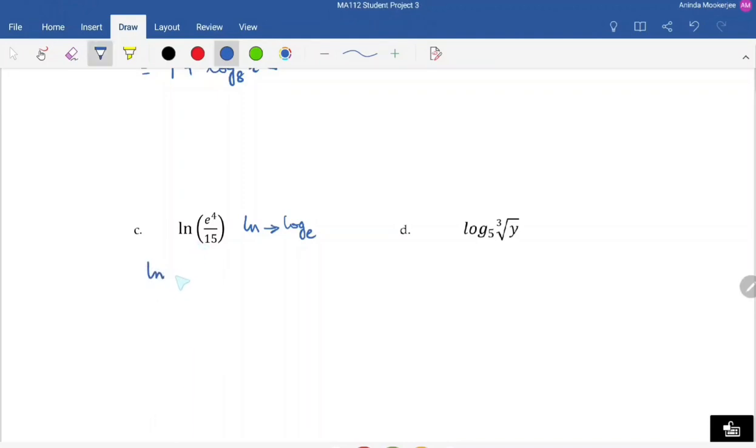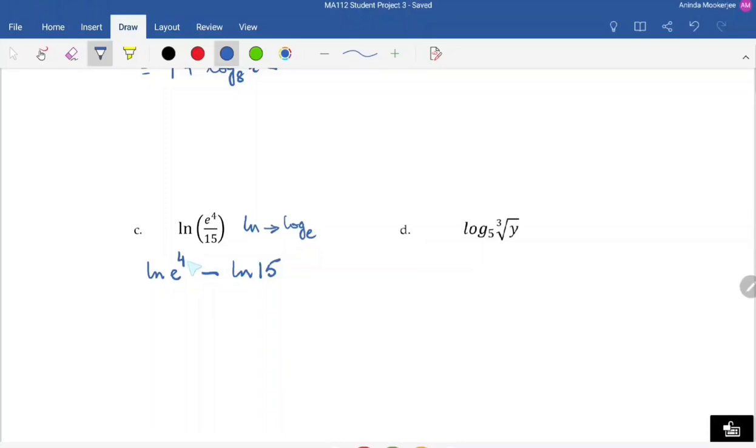So I'm going to do that. I have ln e to the power 4 minus ln of 15. Now look at the first term, ln e to the power 4. There is something called the power rule that we can apply on this.